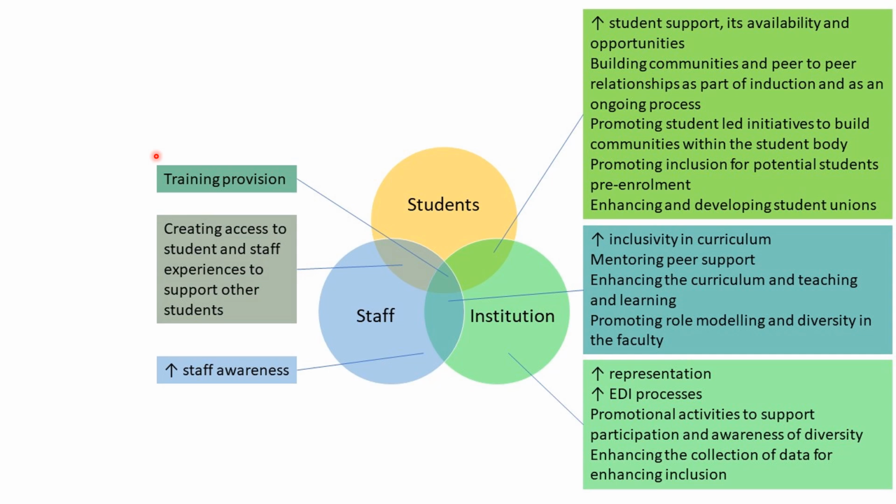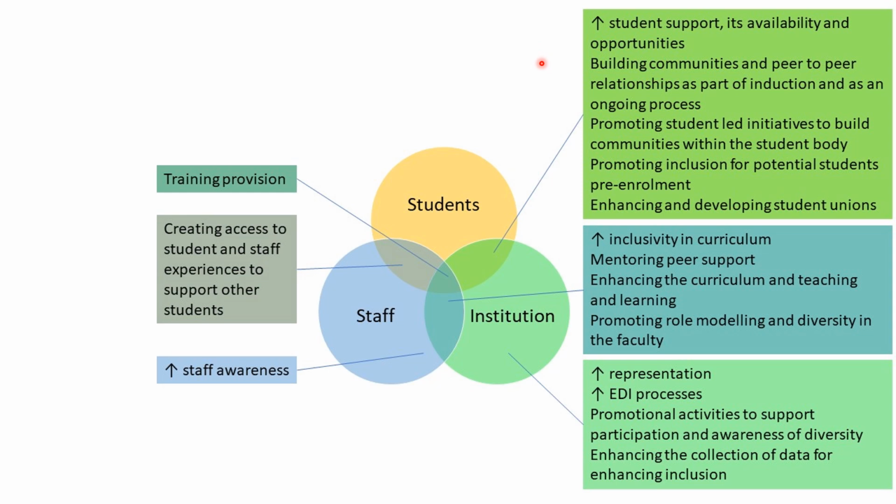And there were other aspects that were discussed regarding creating access for students and staff to experience and to provide support to other students, an increase of staff awareness of EDI concepts and also things that could be done differently.